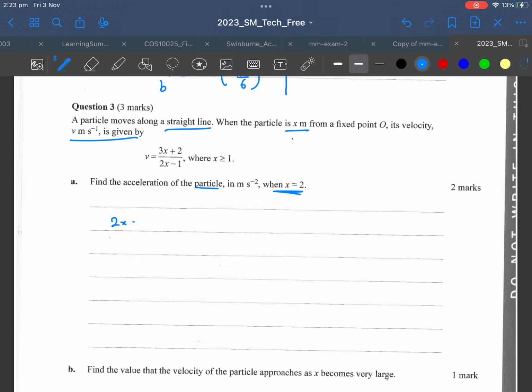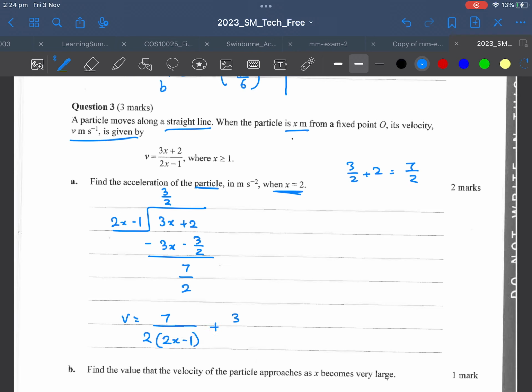So 2x minus 1, 3x plus 2, so 3 on 2, I think it would be. Yep, so that would be 3x minus 3 on 2. Just take that away, so that will give us 3 on 2 plus 2, which is going to be 7 on 2. So the expanded form of this would be 7 on 2, 2x minus 1 plus 3 on 2.